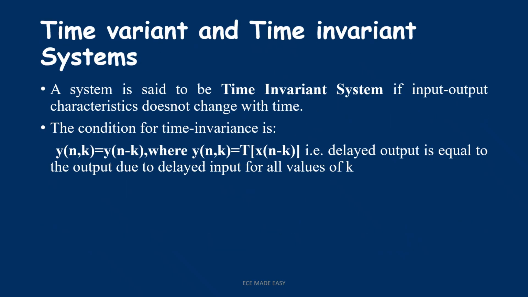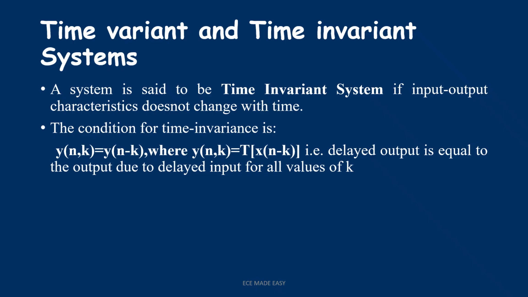Time variant and invariant system. The system is said to be time invariant if input-output characteristics do not change with time. In the form of an equation, we can say if y of n comma k is equal to y of n minus k, the system is time invariant.